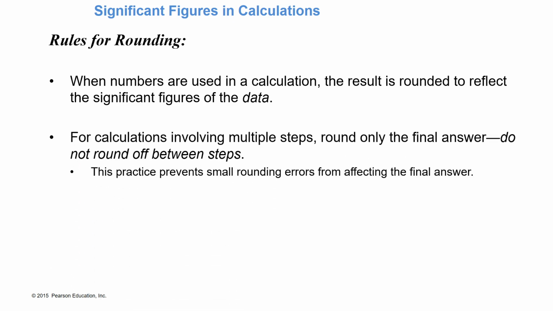All right. Now, if we are doing problems that are multi-step, be careful and don't round in between steps. The thing that happens when we round in between steps is we do something called over-rounding, and it can make the number either much larger than it's supposed to be, or smaller, depending on if we're adding, subtracting, multiplying, dividing.